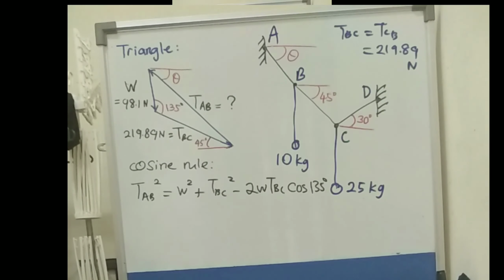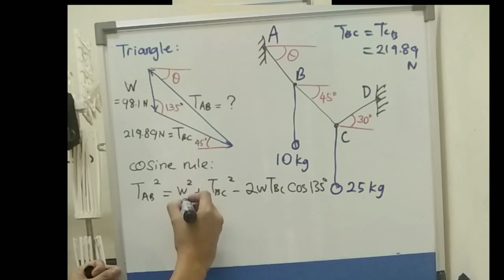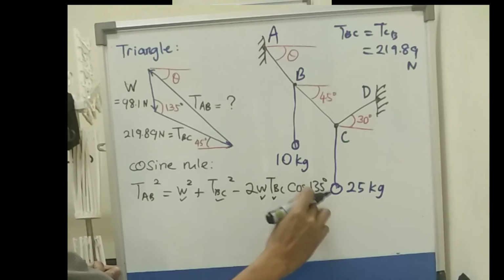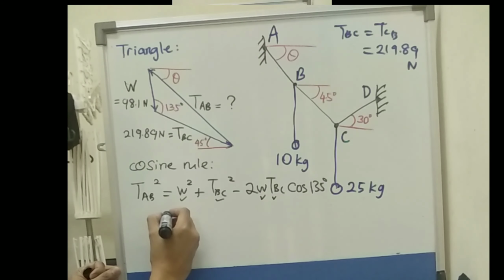So we have this value W, we have TBC, and everything, so we can solve for TAB.